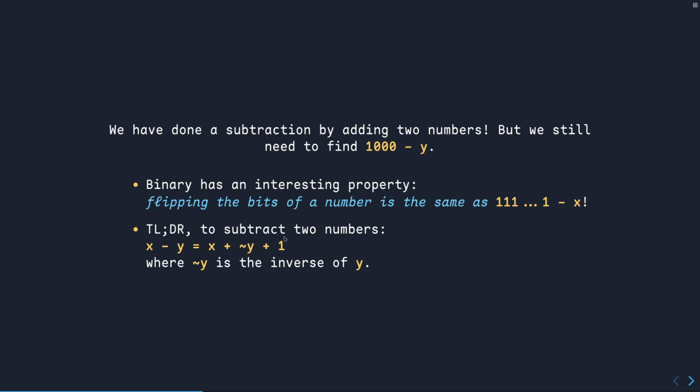So if we want to subtract 2 numbers, all we need to do is start with x, then add the inverse of y, and then add 1, because remember we had to find 1000 minus y, but this bit flip will give us 111 minus y in this case. So we need to add 1 in order to get the actual number we need.